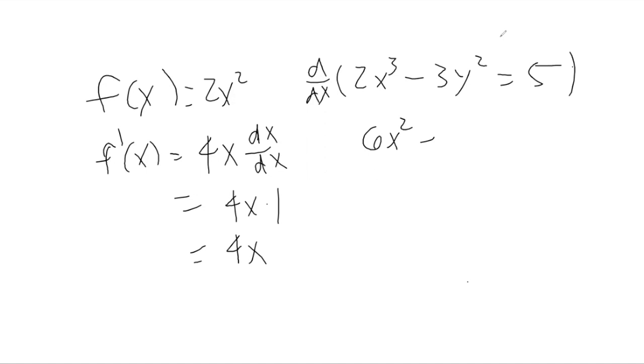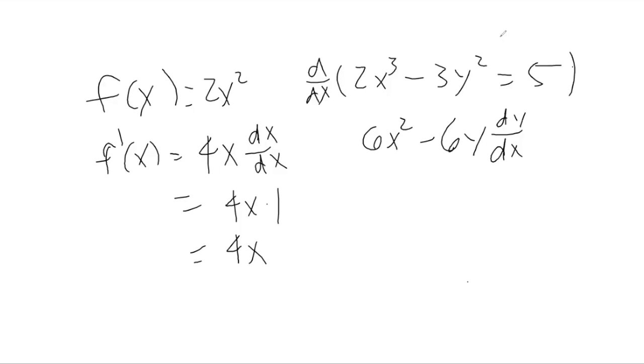So we're going to end up having a negative 6y, and now here's what ends up being kind of weird. We're going to have this dy dx here. The reason is that we're taking the derivative of y with respect to x. We can't simplify this down because I don't know what dy dx is. It's just a term we have here now.